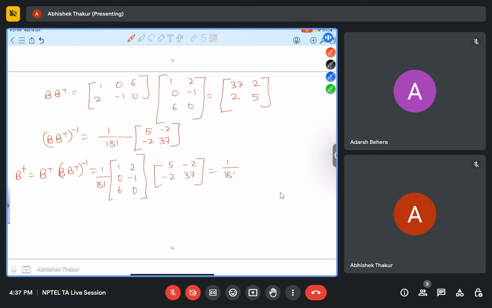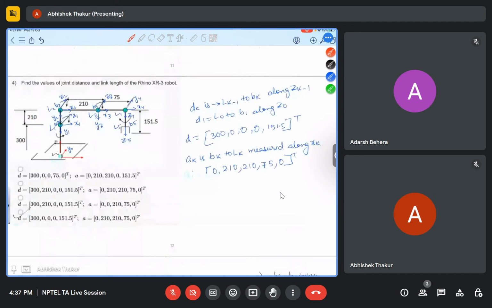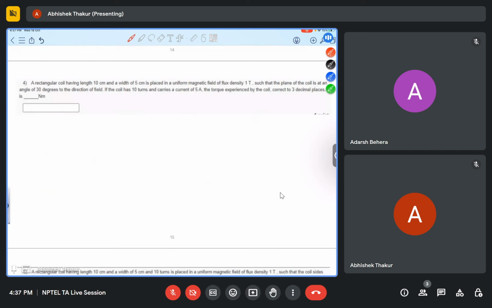So this will be 1 by 181 times, 1, and another will be minus 2 plus 74, that is 72. This will be 0 plus 2, 2, 0 minus 37, 30, minus 12. So this is the pseudo inverse of matrix B. So this question is done.